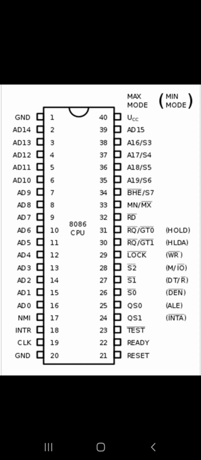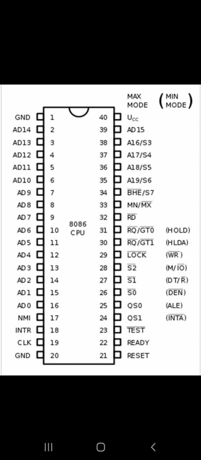Now pins number 24 to 31 can work in minimum as well as in maximum mode. If it is minimum mode, then pins 24 to 31 will be INTA bar, ALE, DEN bar, DT/R bar, M/IO bar, WR bar, HLDA, HOLD. You can see those pins written over there, right?